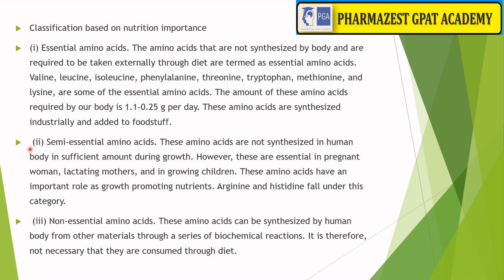Next, coming to semi-essential amino acids. What are semi-essential amino acids? These amino acids are not synthesized in the human body in sufficient amount during growth. However, they are essential in pregnant women, lactating mothers, and growing children. These are required but not synthesized sufficiently by our body during growth.